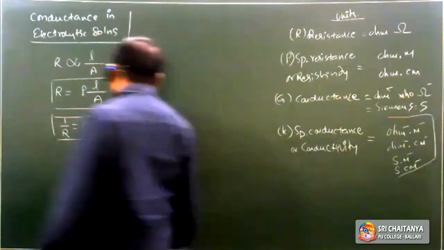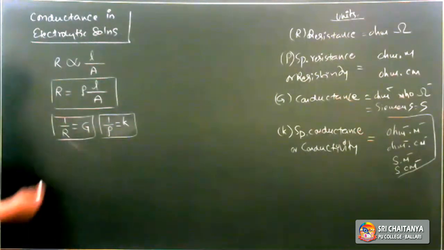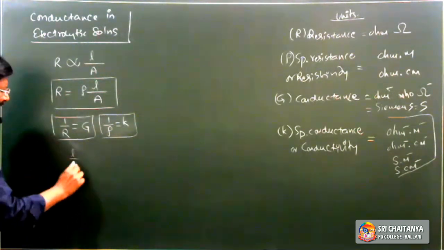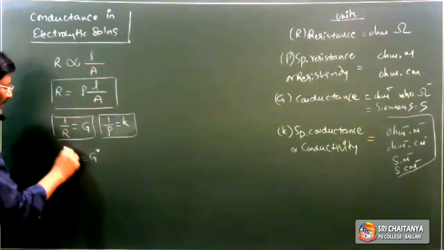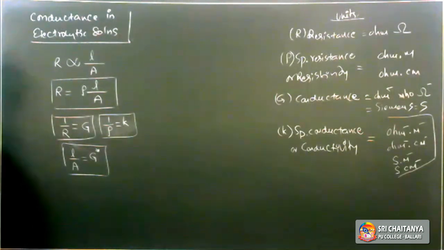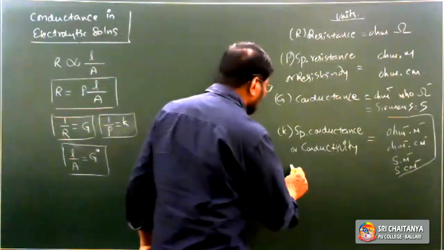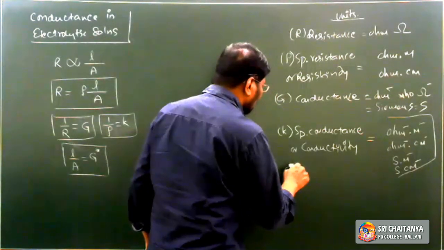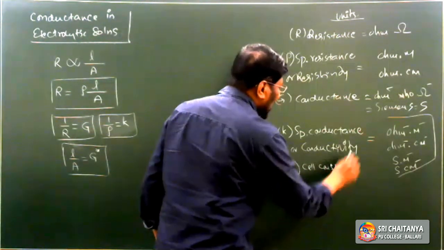Then here only one more formula. L by A is there, na? L by A is called G star. G star is the cell constant.